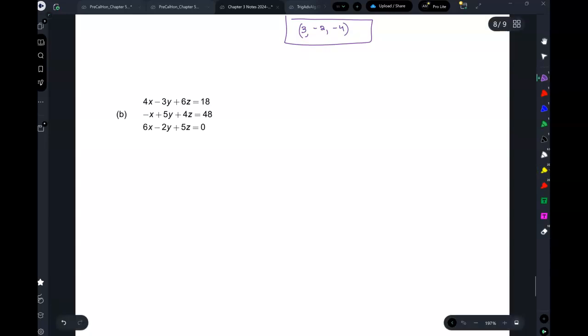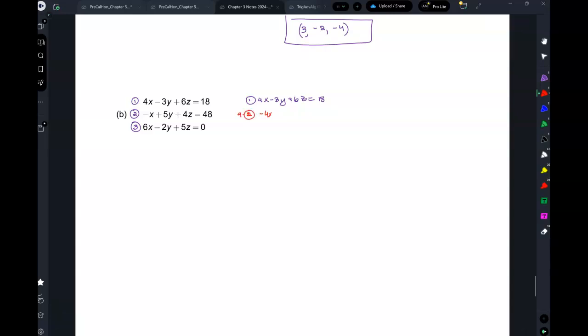So we're going to label these 1, 2, 3. And remember, you're always getting rid of the same variable in the first steps. Okay, so which one do you think we should get rid of now? X. Yeah, let's use 1 and 2. So 1 is 4x minus 3y plus 6z is 18. What am I going to multiply 2 by? 4.